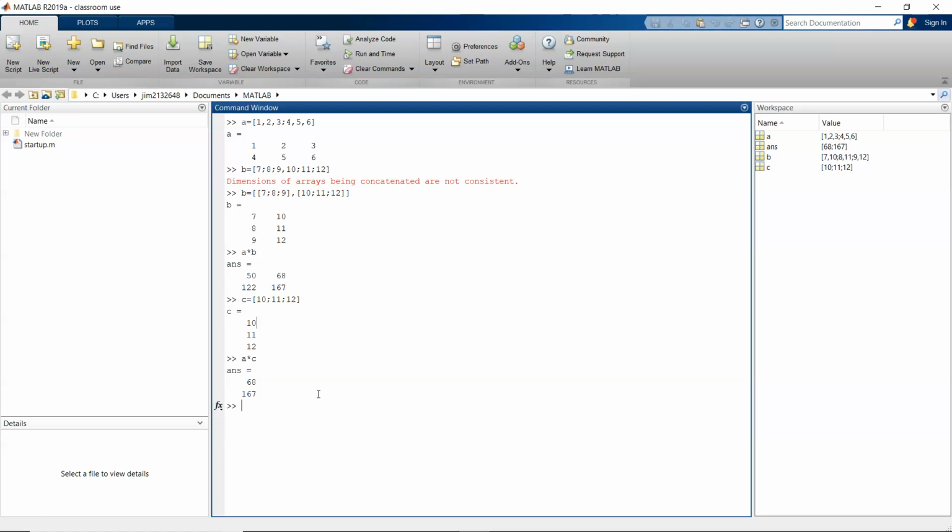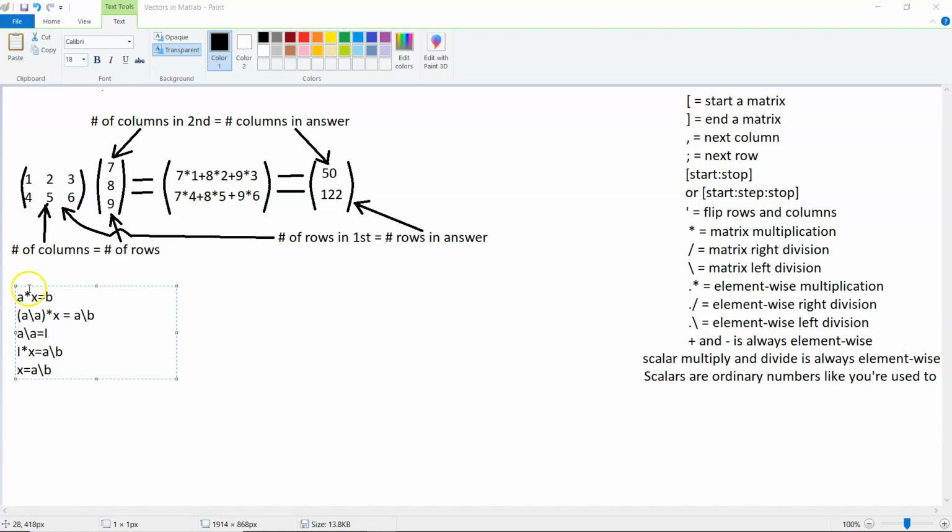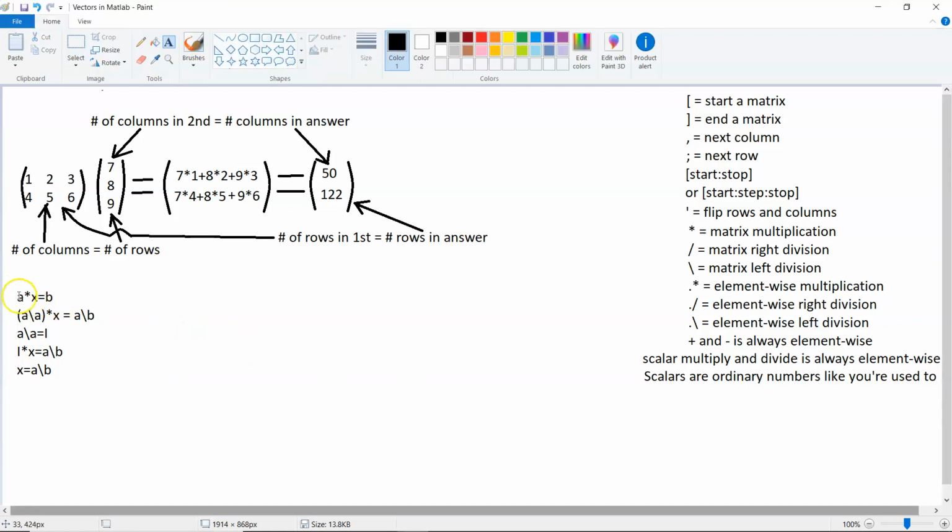Division. What division is, it solves an equation. If we know A and B, and we're trying to find X, we want to solve this equation. Let's go through the process. A goes into A times X equals A goes into B. We're just dividing A into both sides of the equation. A into A gives you the identity matrix. I'll get to that in just a second.